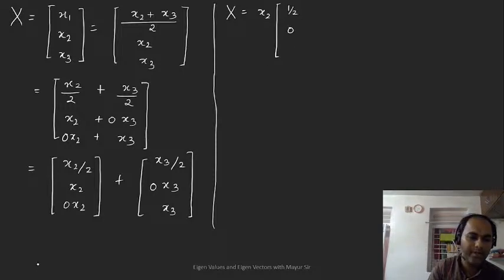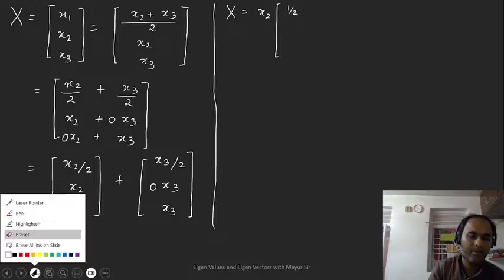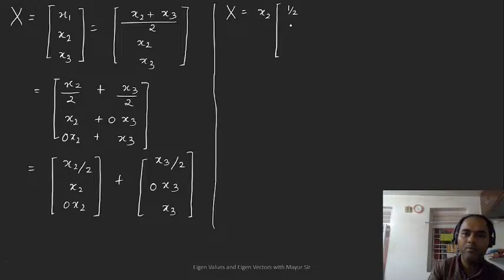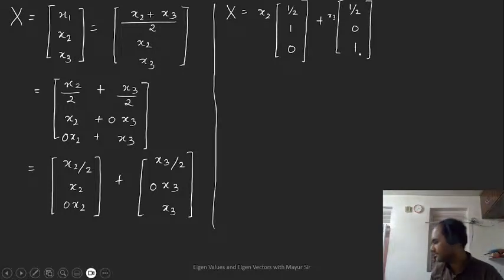Oh no, sorry, you get half 1 and 0. And for the next one, take x3 common, you will get half 0 and 1. Are you getting this?